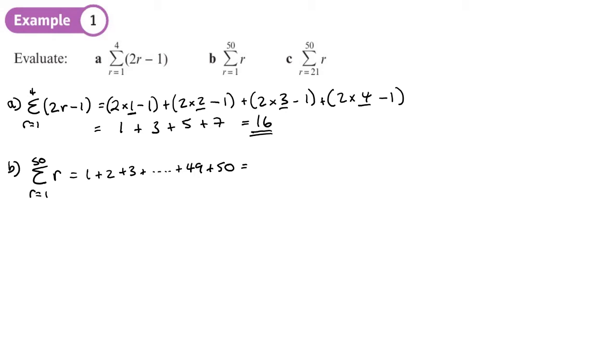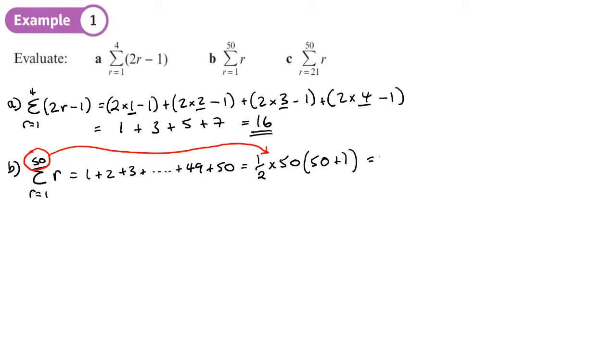Now you wouldn't need to do this, but I'm just writing it out so you can see what's going on. And the formula for that is half n. Now where's n? n is up here. That's where you're going to find n. So it's going to be half n, so half times 50, times n plus 1, so 50 plus 1.